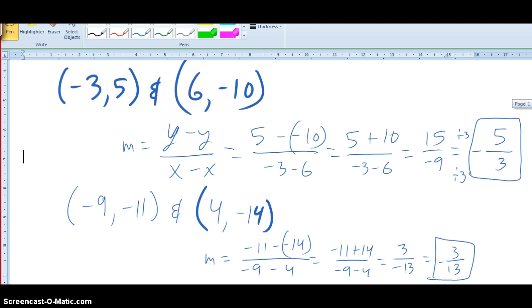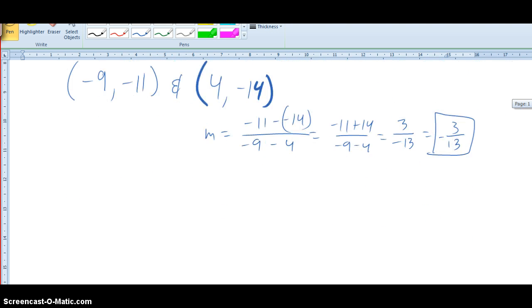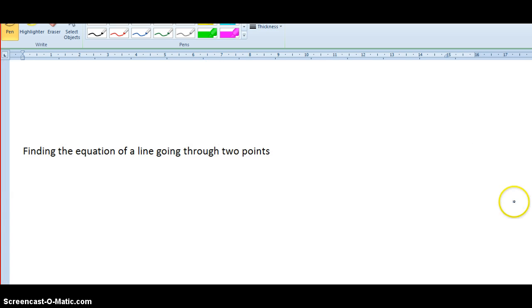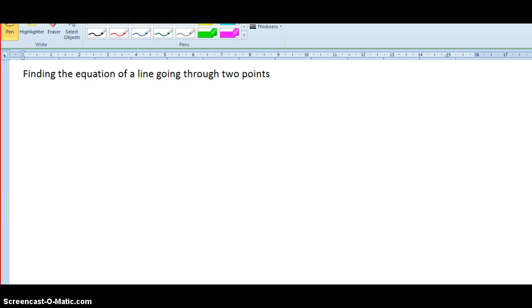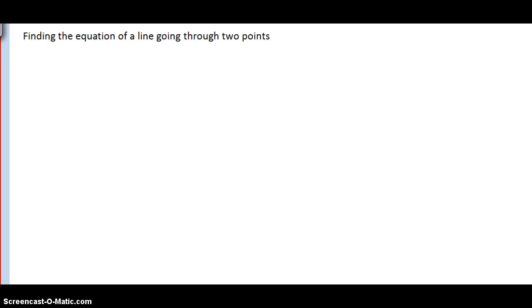Okay, now we're going to move on to how to find the equation of a line given a point and a gradient, or 2 points. So finding the equation of a line going through 2 points. Let's say we have 2 points, 5, 2 and 6, 4.